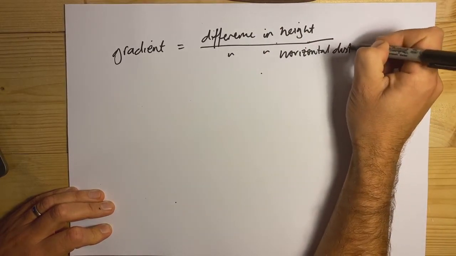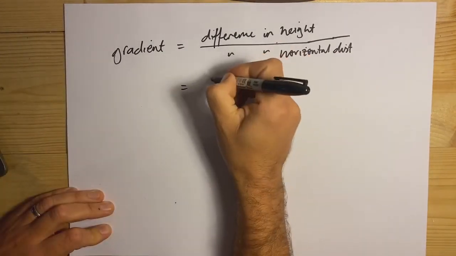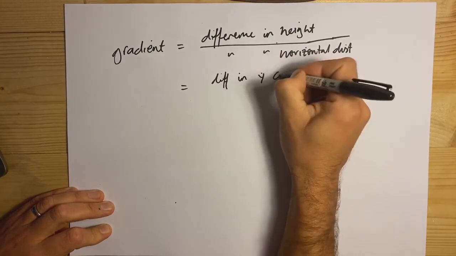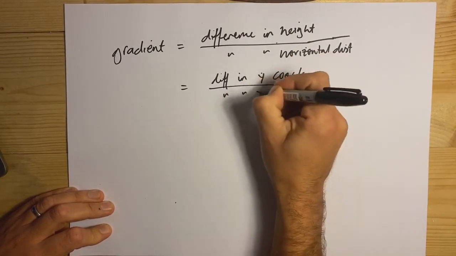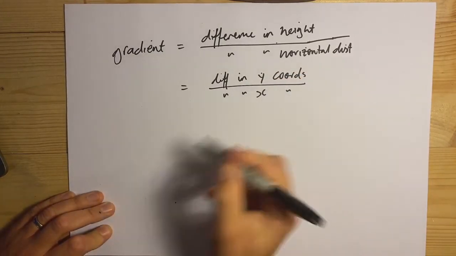Okay, write that out in full like that. So for the case of a graph, that's the difference in y coordinates divided by the difference in x coordinates. Okay, ditto marks there. Difference in y over difference in x.